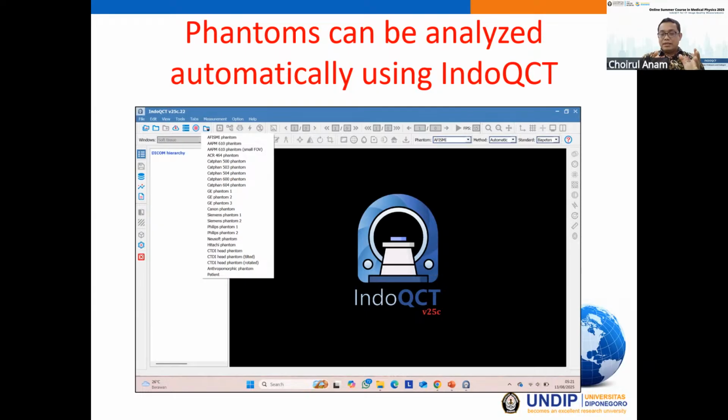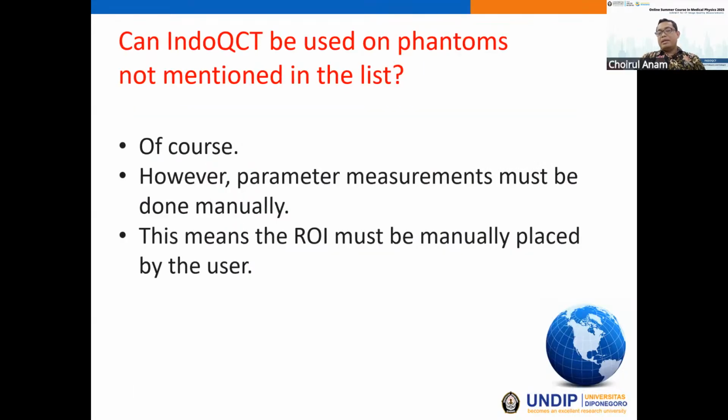It is designed to automatically measure the image quality. Maybe one question arises: can IndoQCT be used on phantoms not mentioned in the list? Of course, yes. IndoQCT can measure the image quality on a phantom, although it is not mentioned in the list.